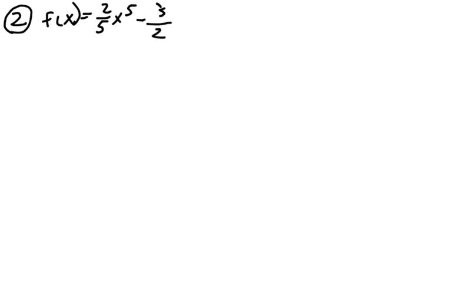Okay. Next example. Number 2. F of x is equal to 2/5 x to the 5th minus 3/2 x to the 4th plus 4x squared.